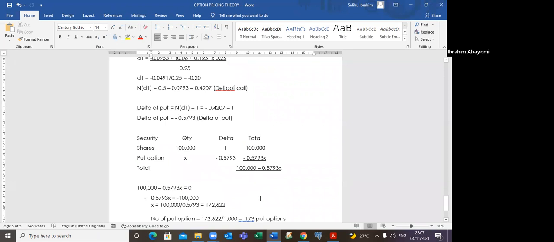So the success of this is that if you look at A now, we're supposed to have like 172.6. What I'm going to look at for you to conclude whether it's going to be successful or not is that what you have computed here, is it enough to cover all your shares?